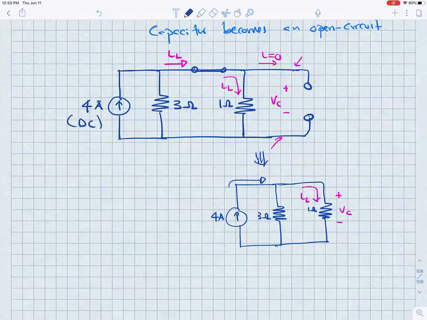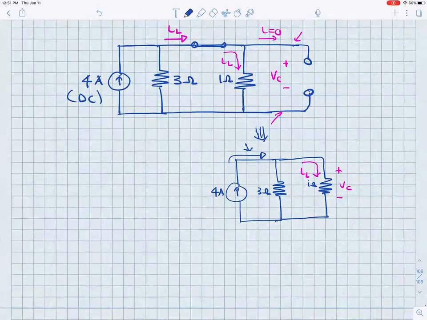You see that IL, because you have current coming in and splitting between the 3 and the 1, you can do current division to find IL, which will be the current flowing through the 1 ohm resistor. And when you know that current, then you can use Ohm's law to find VC, because VC is also the voltage across the 1 ohm resistor.